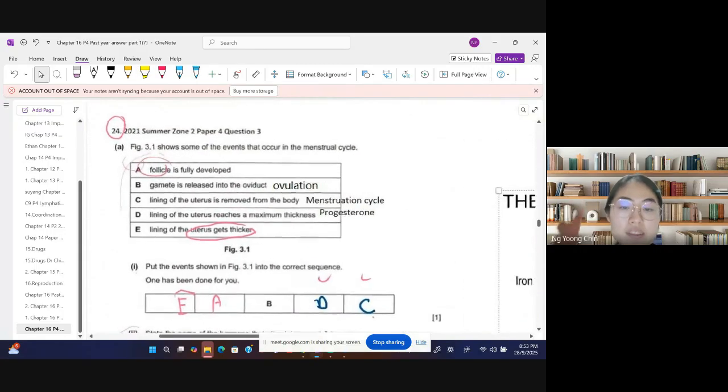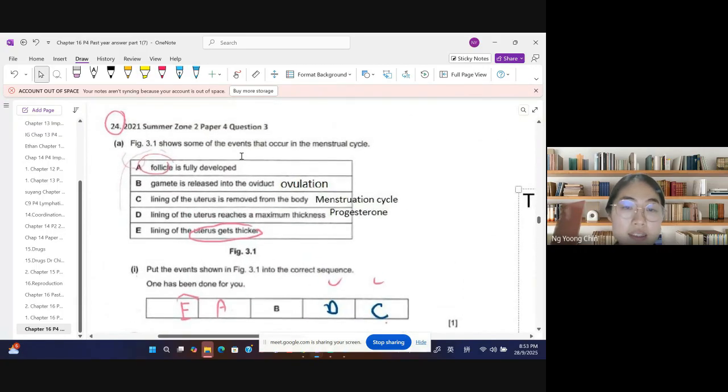Okay, so this is a sequence. The events that occur in the menstrual cycle, you should write down based on the sequence. First, during the menstrual cycle, the lining of the uterus thickens, and then the follicle is fully developed, and then the gamete is released to the oviduct. Followed by D, the lining of the uterus reaches a maximum thickness.